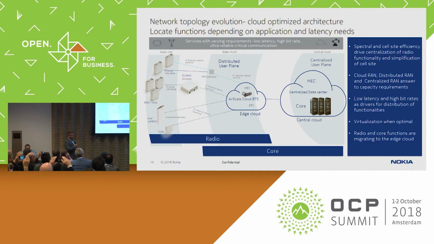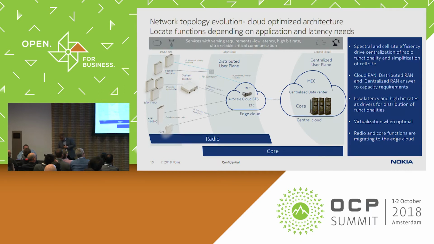As said, there are multiple different kind of approaches on what works in which market. So where we, for example, will build this a bit more centralized so that there's actually a real data center running the radio, or where the virtualized radio functions will be deployed even very close to the antennas, even at the rooftop if needed.